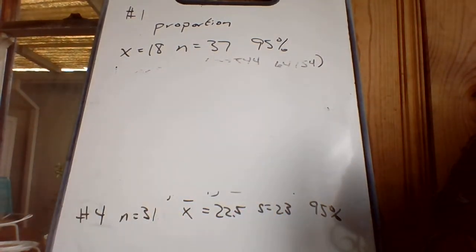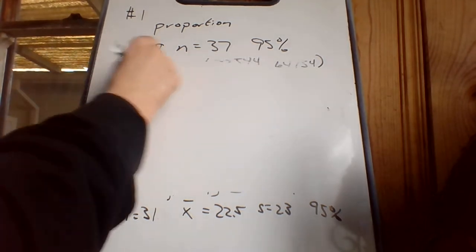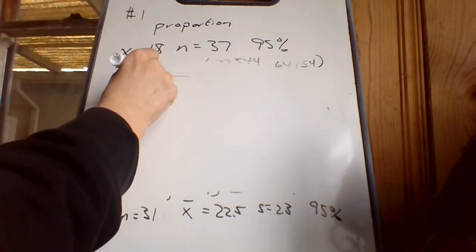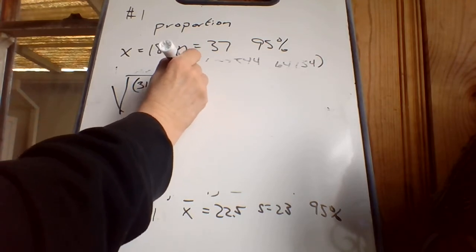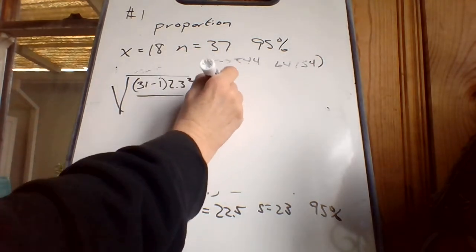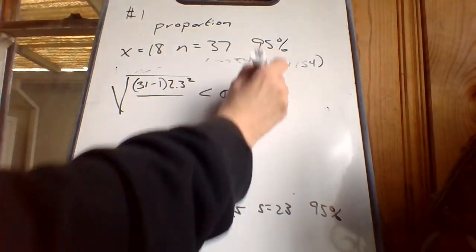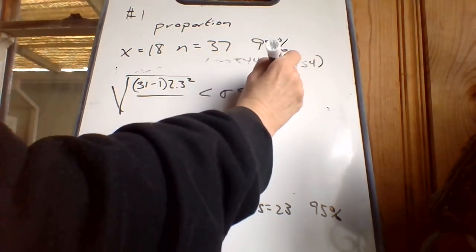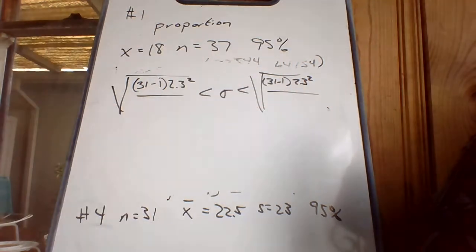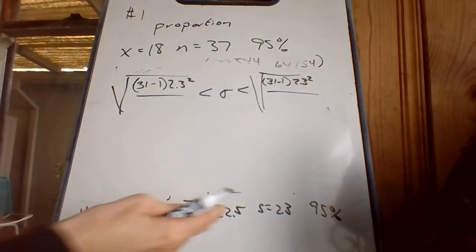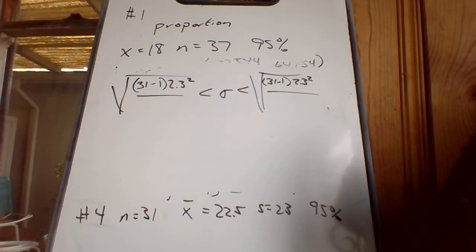All right, so square root of 31 minus 1, 2.3 squared, divided by. Okay, don't do anything with the 22.5, not part of the problem.